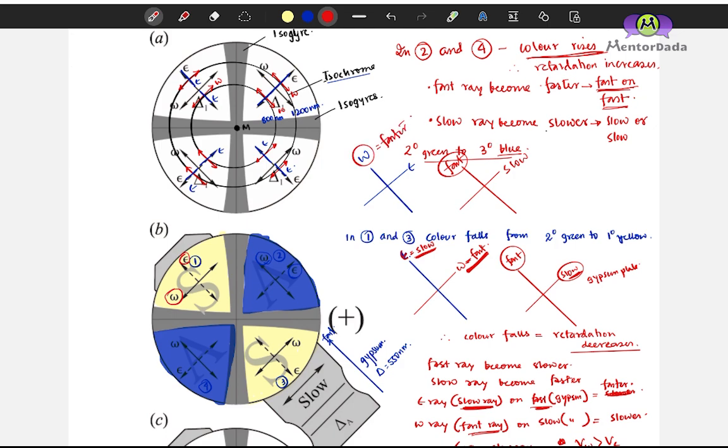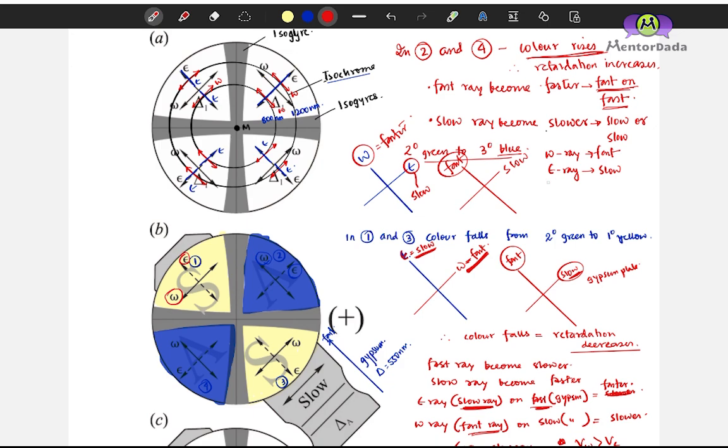Okay, as a result we are observing fast on fast, right? And this epsilon ray, which is vibrating parallel to the slow vibration direction of the gypsum plate, must be a slow ray. So omega ray is fast ray, and epsilon ray is slow ray.